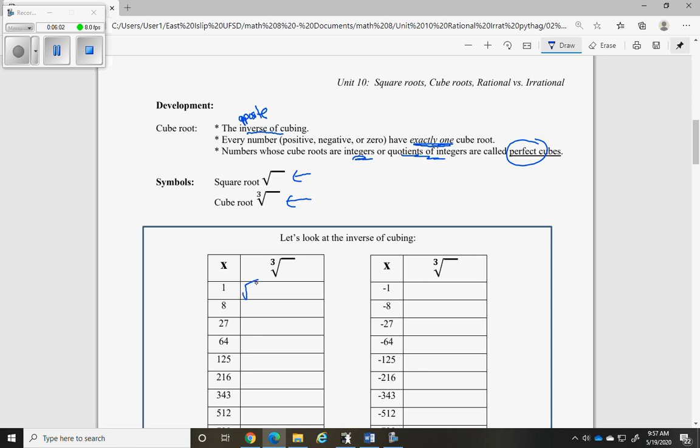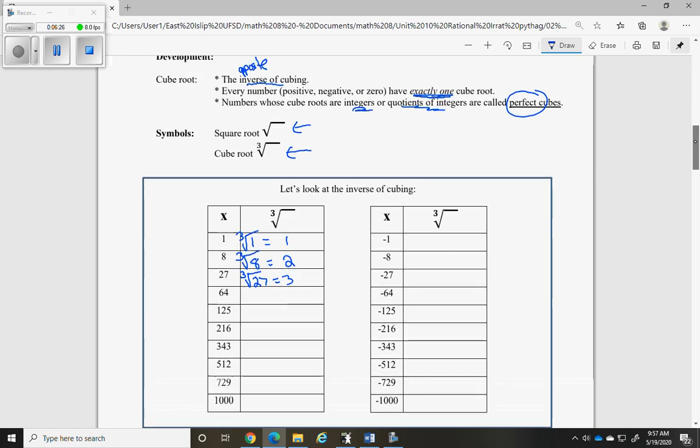So if I want to find the cube root of 1, it's the opposite, and I get 1. 1 times 1 times 1 is 1. The cube root of 8, what number times itself 3 times is 8? It is a 2. The cube root of 27 is 3.